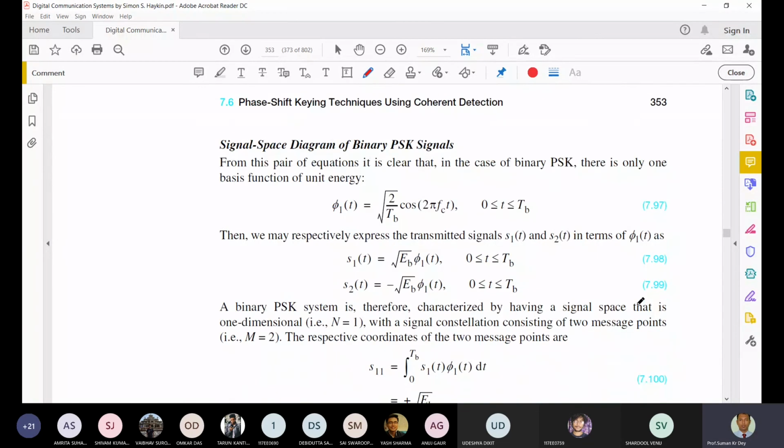Now we'll discuss the signal space diagram of binary phase shifting, or BPSK.